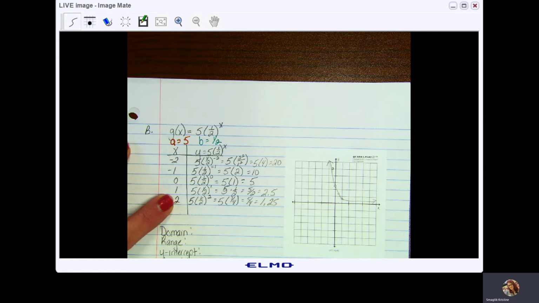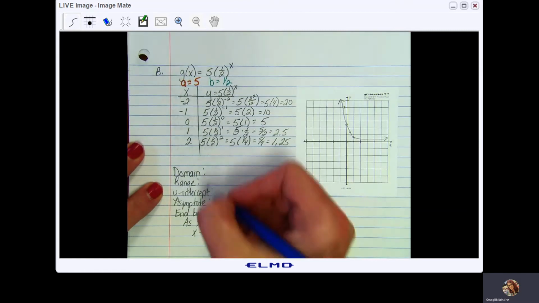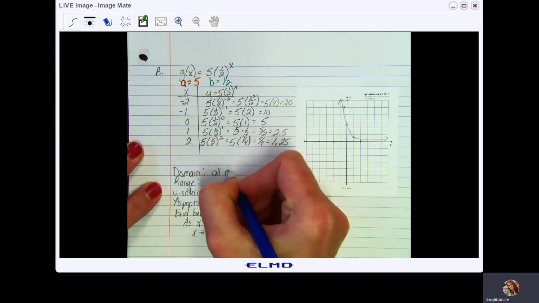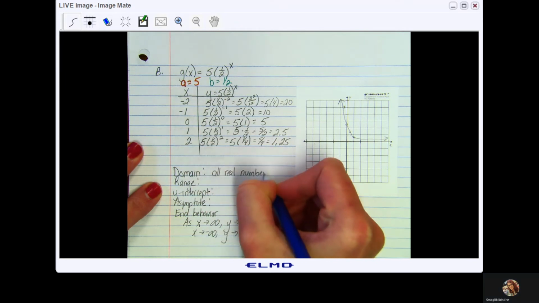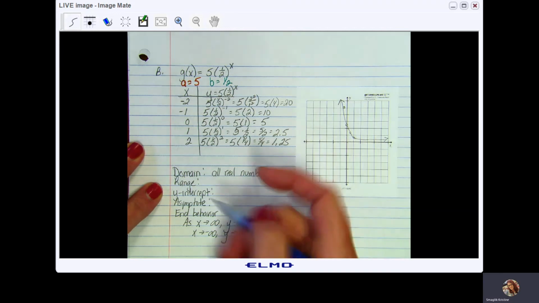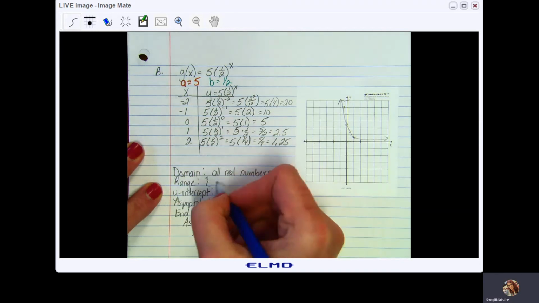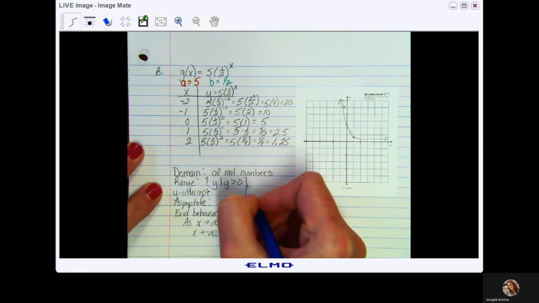Now let's take a look at some of our key features. My domain is still all real numbers. I can put any real number in for x and I'm going to get another real number out. My range is still greater than 0. The set of all y such that y is greater than 0.